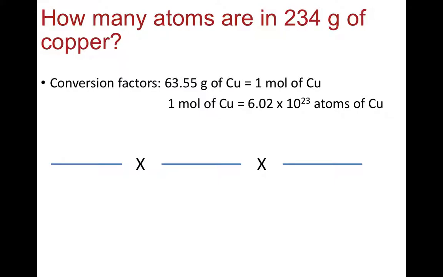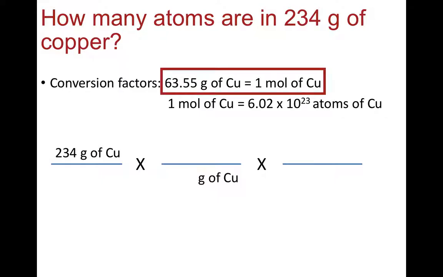So I have three blanks, and now you know that the first step is to write what is given. So notice how I've written what is given: 234 grams of copper. Next step, mindlessly copy just the unit, grams of copper. Now that we've copied just the unit, we're going to try to figure out what number is going to look pretty next to it.